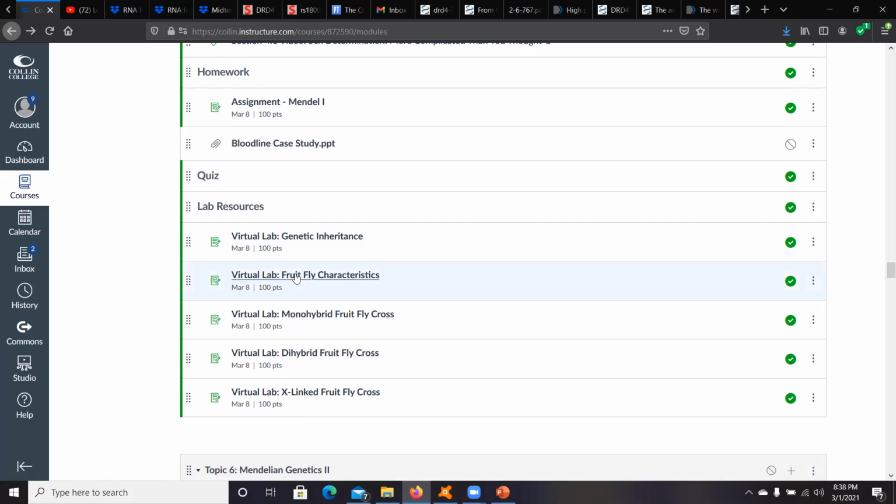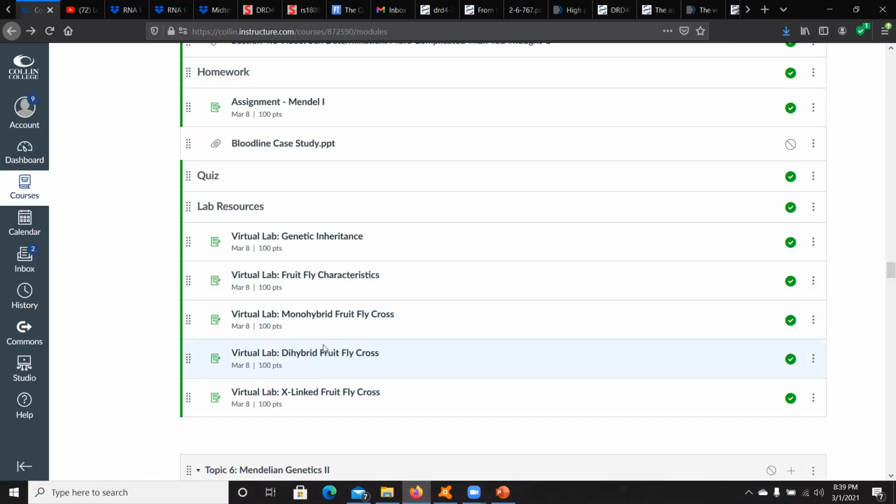I want you to go through these lab resources that are virtual labs. The first one on genetic inheritance has you play around with some different traits in a family with a pedigree. These are all together, kind of to have fruit fly characteristics. Once you learn how to sort out the fruit flies, then you do a monohybrid cross. So again, that's the single factor.